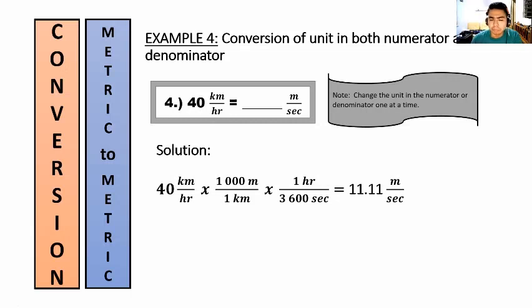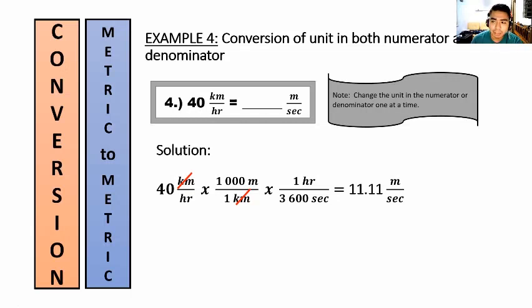Okay? Okay, so, then, yan. And then, meron tayong meters per hour. So, ang goal natin, makancel natin yung hour. Kailangan i-convert natin in terms of seconds. So, alam natin, in 1 hour, there are 3,600 seconds. Okay?